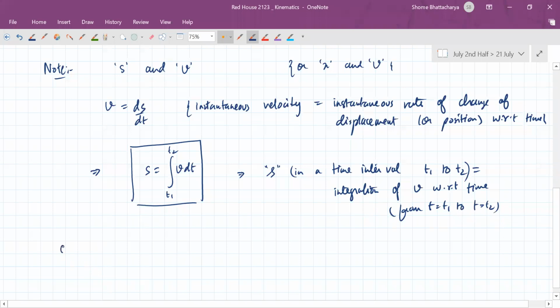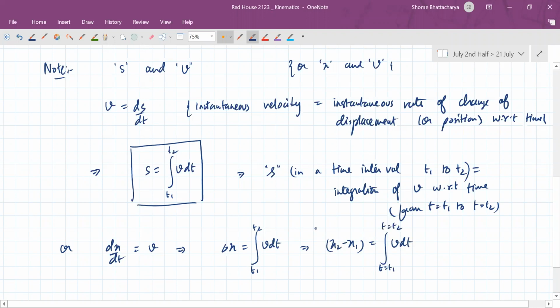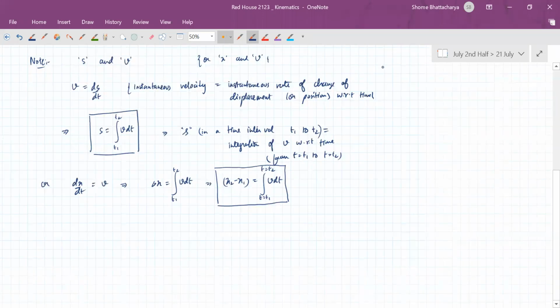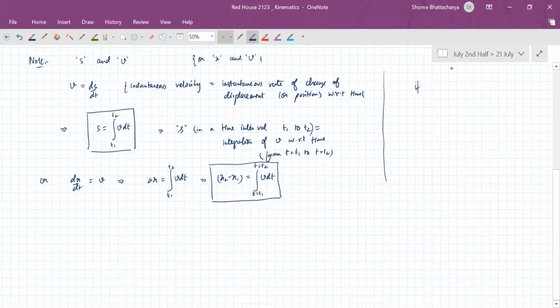Another way of expressing the same thing is that dx by dt is equal to v. That means delta x is equal to integration of v dt from t1 to t2, or x2 minus x1 is equal to integration of v dt from t equal to t1 to t equal to t2. Where this idea basically comes from is the definition of integration, that it is the reverse process of differentiation. Right, so it's very clear to understand here.